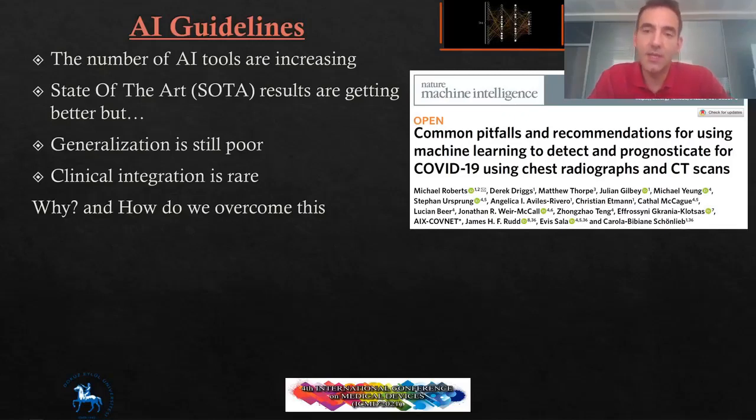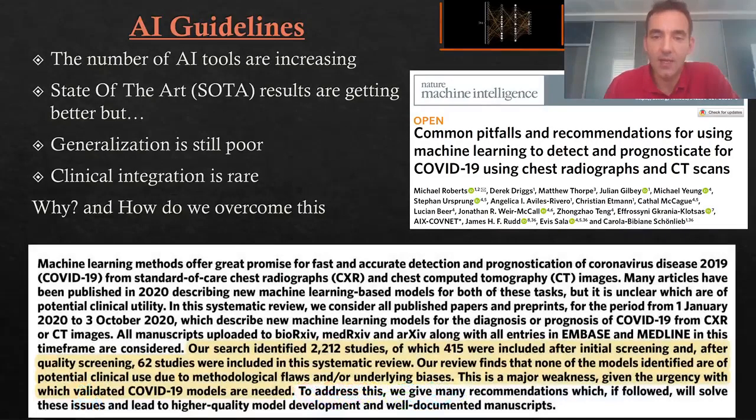So although this article is specifically prepared for COVID-19, it really underlines several important aspects that should be considered by AI developers in order to obtain clinically usable medical approaches.